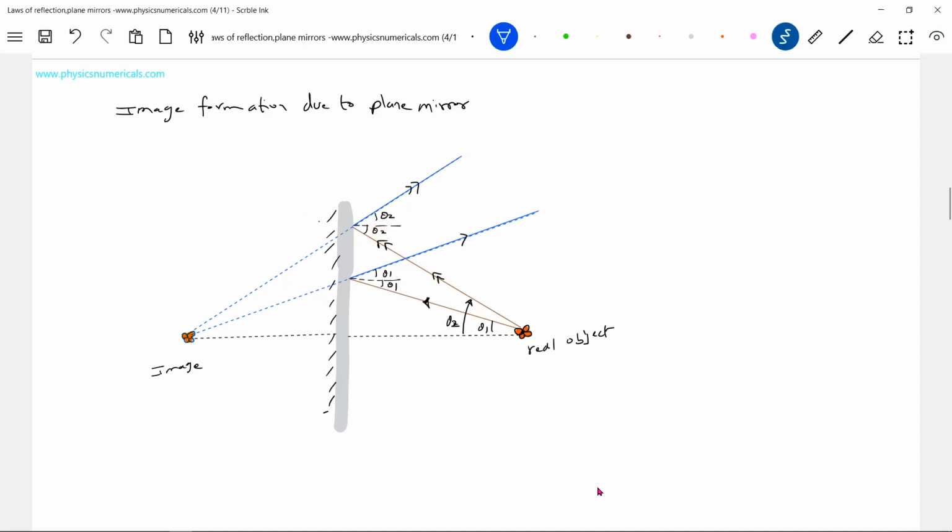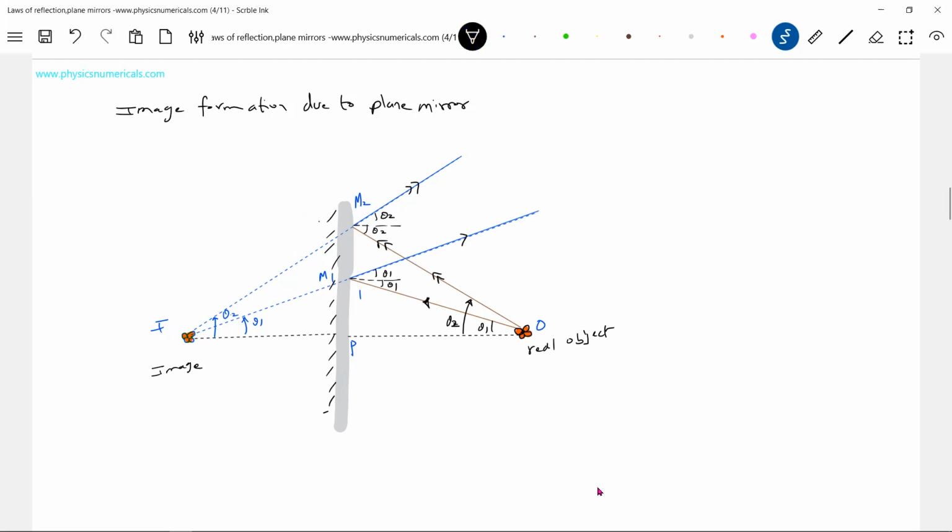So from the similar triangles, this is O, the real object. This is called I. Let this be M1. The point where the second ray strikes the mirror, let it be M2. Let me take this as P. So this angle will be theta 1, and this angle will be theta 2.